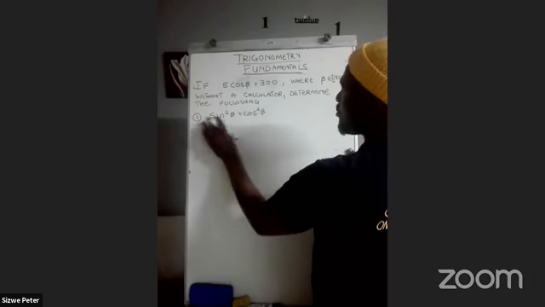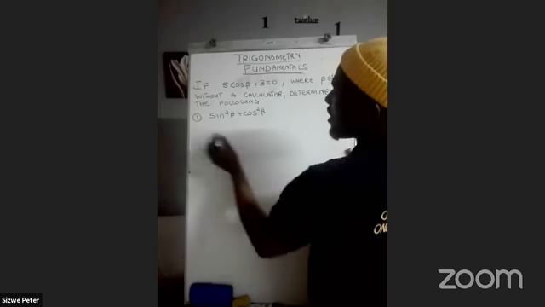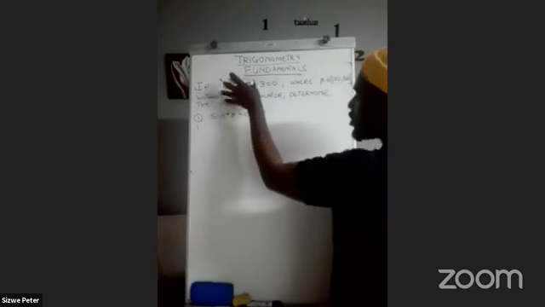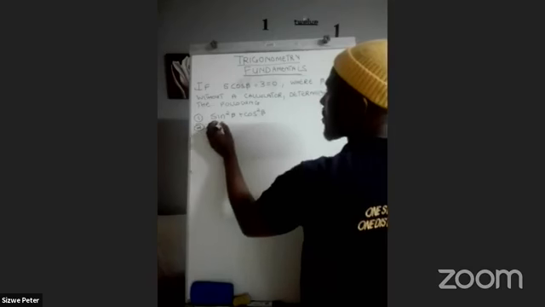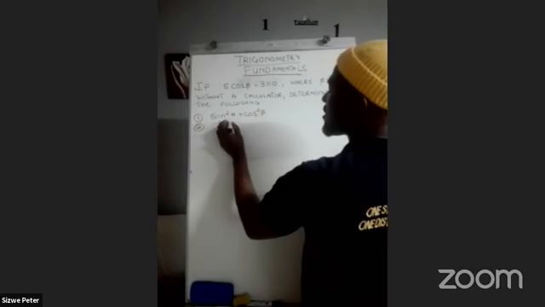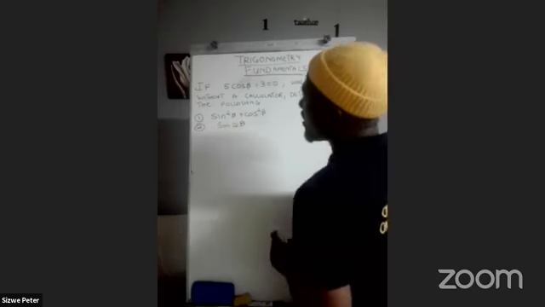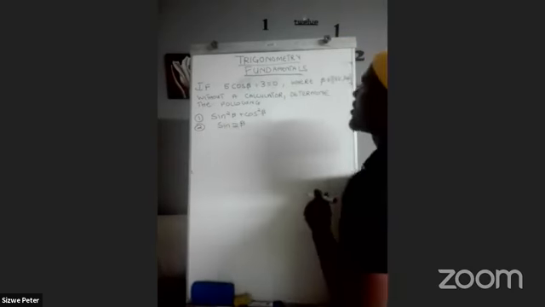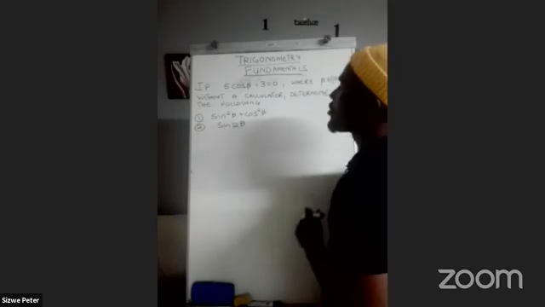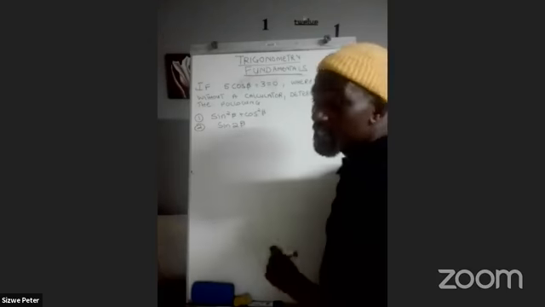I know this is going to be 1, but you must use this information. Number 2: sine 2 beta. I need to calculate these two without a calculator.